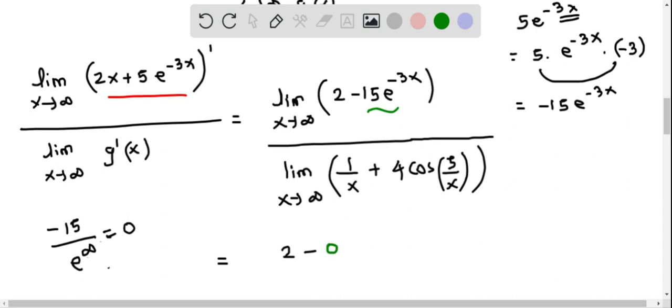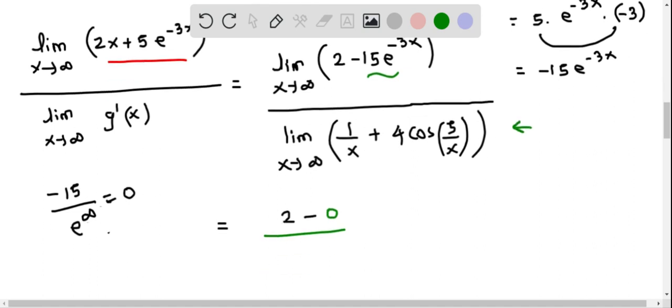So I put a 0 here, and then divided by the denominator limit. Here we have 1 over x, so I put 1 over infinity plus 4 times cos of 5 over infinity. Let's evaluate this. We know that 5 over infinity approaches 0, and 1 over infinity also approaches 0.